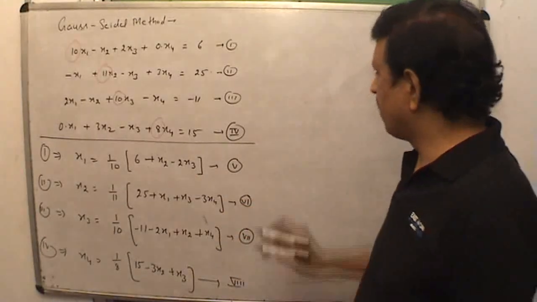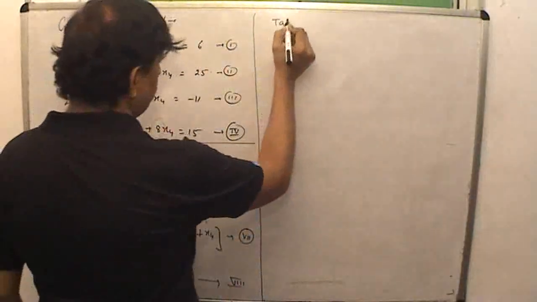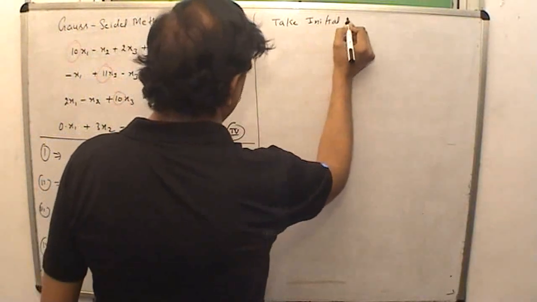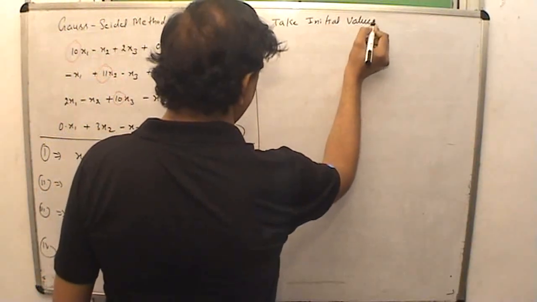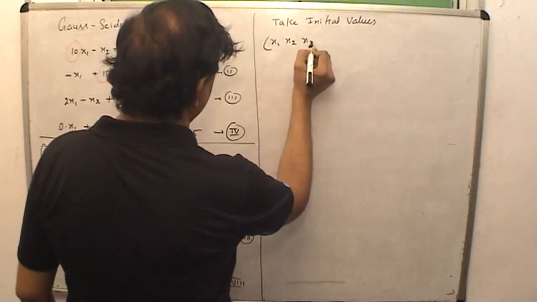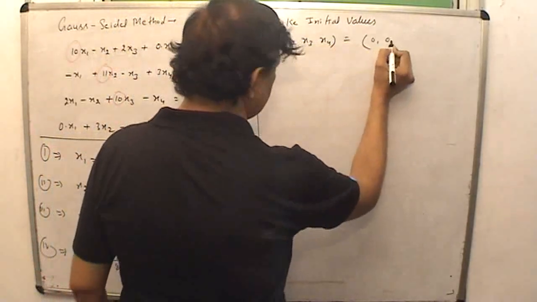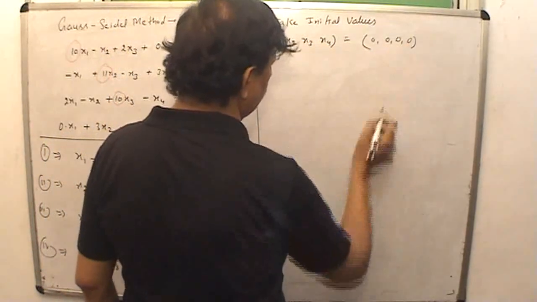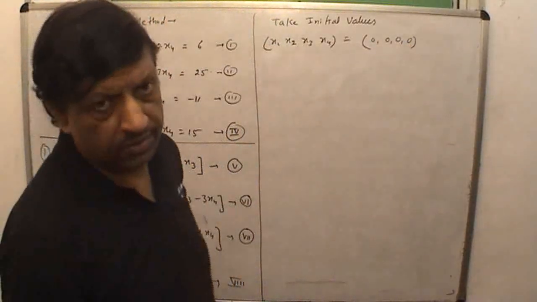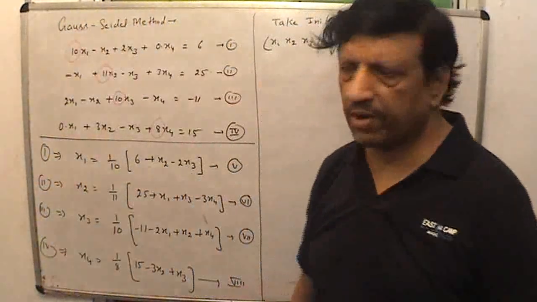We always start by taking initial values x1, x2, x3, x4 equal to 0, 0, 0, 0, or otherwise whatever values are provided.